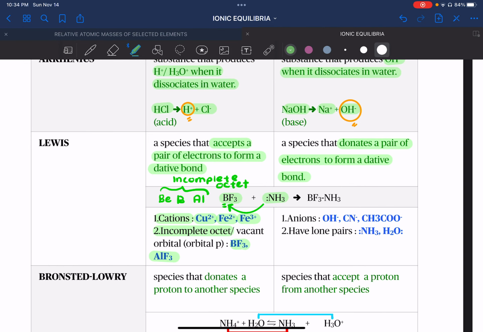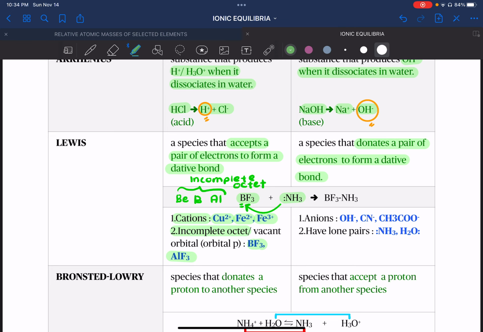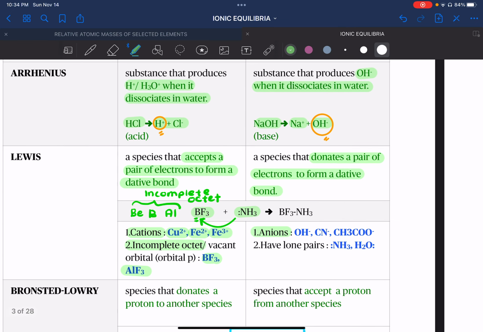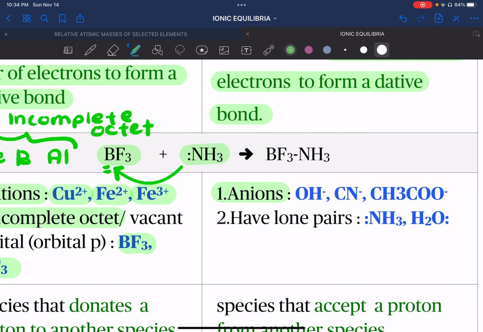Another example of Lewis base is anion. Okay, so anion is any negatively charged species. OH minus, CN minus, CH3COO minus, and many more lah. So, nampak je negative sign lepas ni, itu basically a Lewis base. Okay, so next.